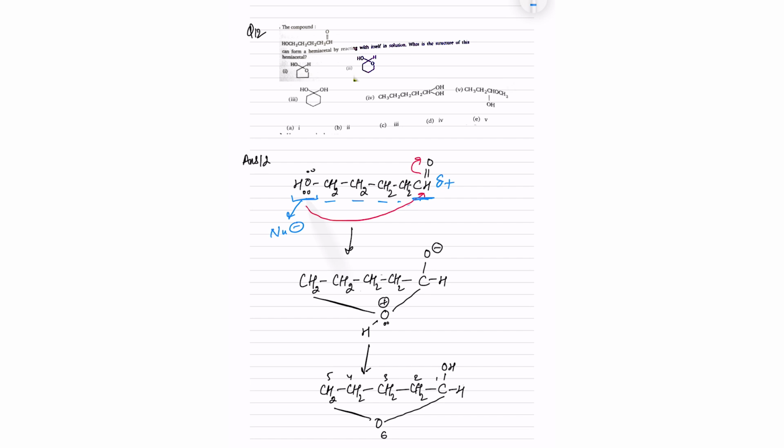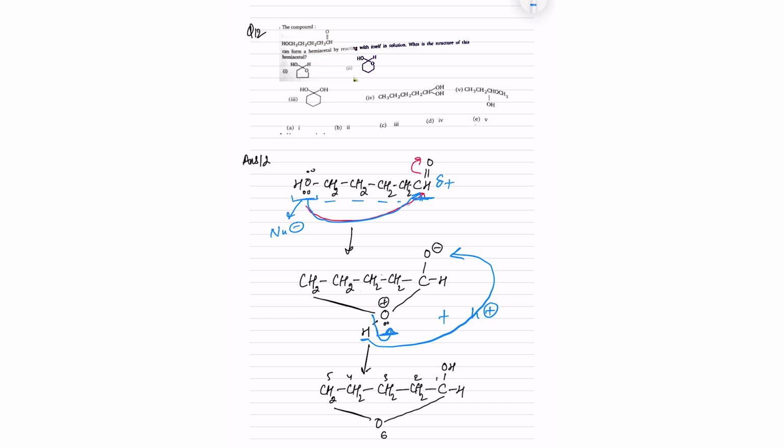So when this attack happens, this will go on the carbon and this is how the molecule will be formed. Oxygen will carry a positive charge and then there will be a hydrogen. There will be a bond cleavage between carbon and oxygen, and O minus will be formed. Eventually this hydrogen will be broken, and this H plus is going out and attacking the O minus.